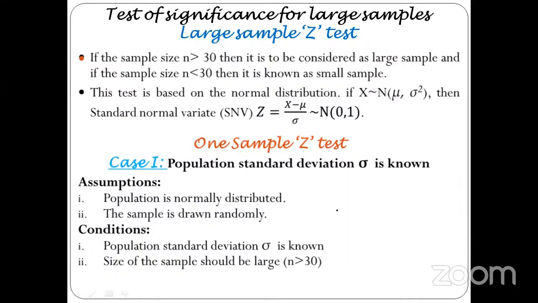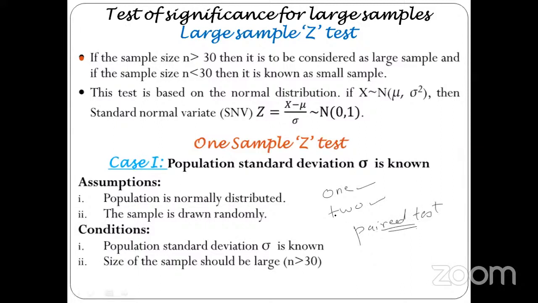Now we are going to see what is one sample Z test, what is two sample Z test, what is one sample T test, two sample T test, and there is something called paired T test. We don't have paired Z test, we have paired T test.